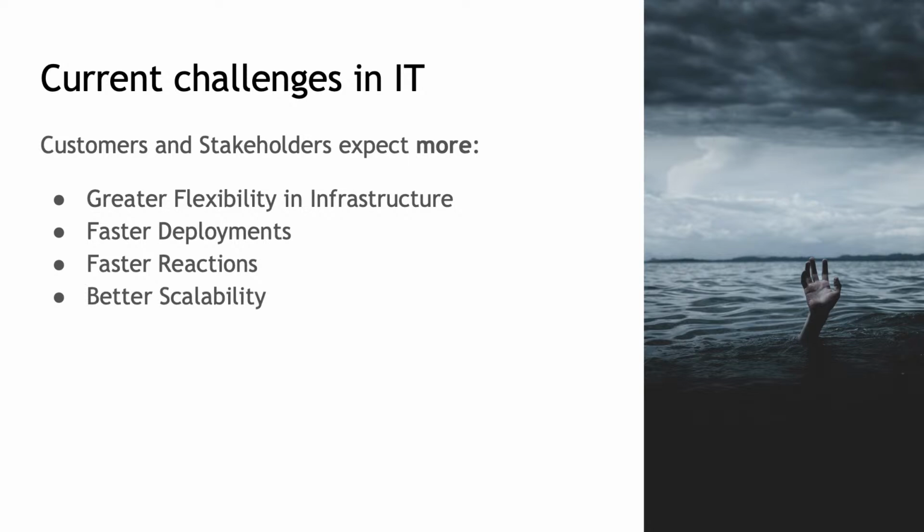They expect better scalability from us, and obviously they expect 24/7 availability, because our applications and workloads are available everywhere worldwide, around the clock. Although we are currently perhaps a little bit hampered in regard to our travel opportunities, our applications and workloads are not. They are still available everywhere.